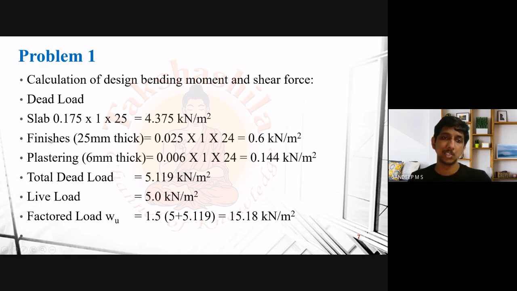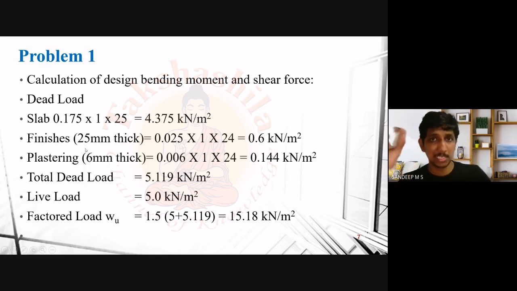Then we are assuming that we have some finishes having a thickness of 25 millimeter thick and plastering of 6 millimeter thick. You can either go like this, or you can directly assume that the total load corresponding to finishes is equal to 1 kilonewton per meter square. That is enough. I don't know why they have just put statements for confusing you.